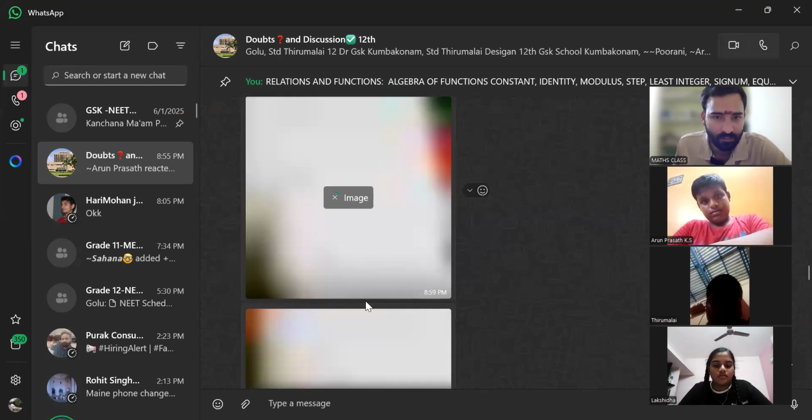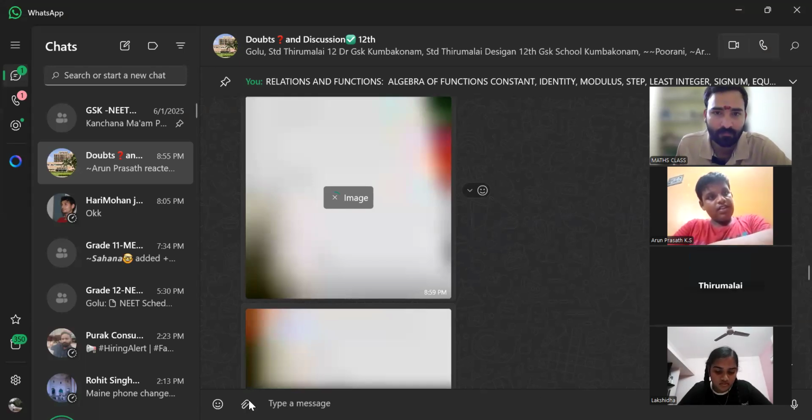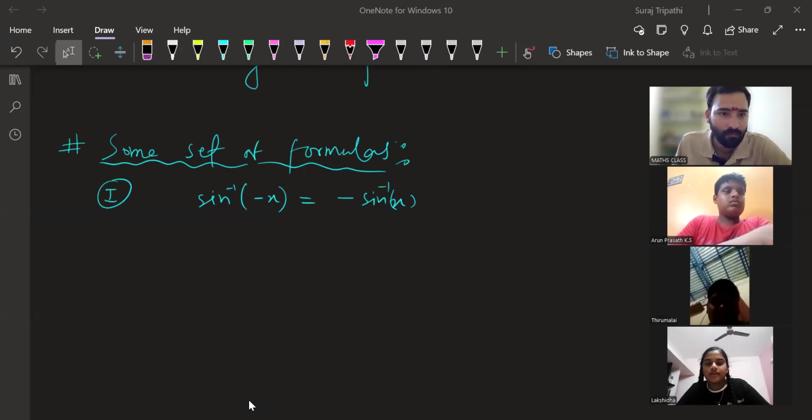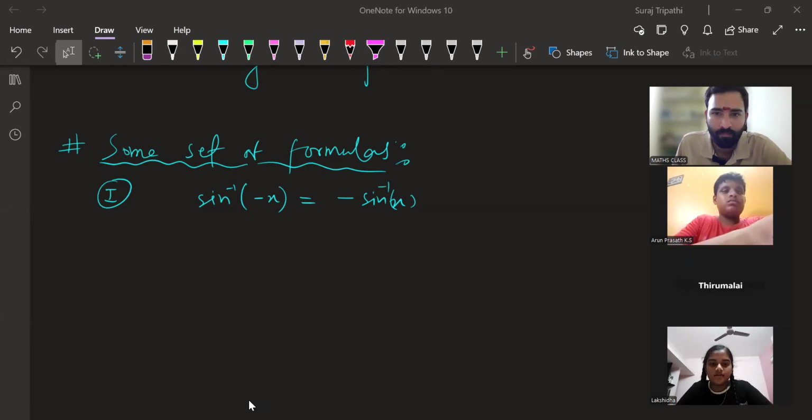Forward these two photos again. Yes, I have downloaded it.